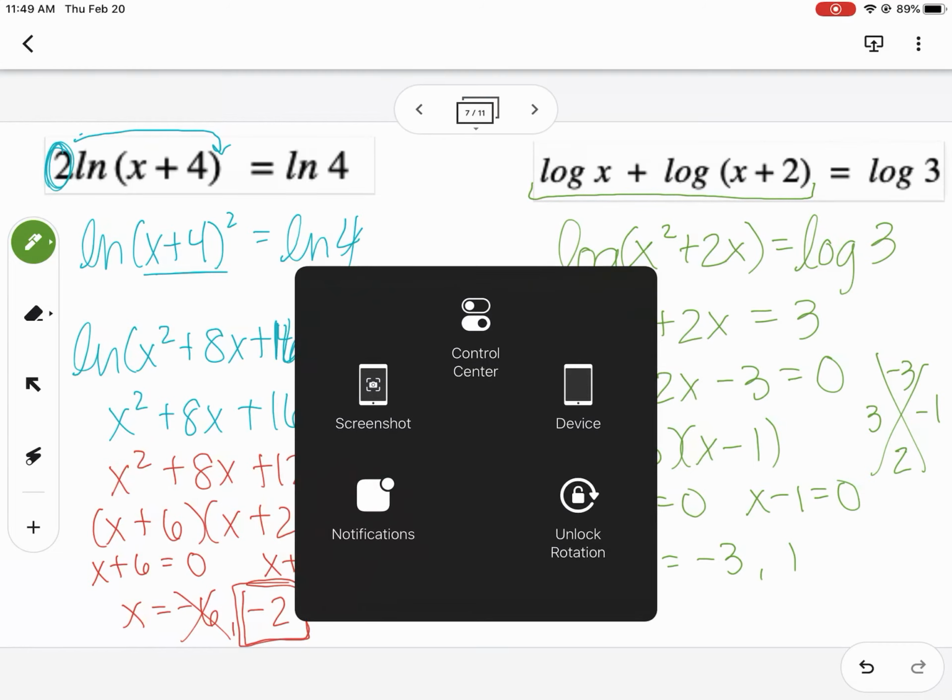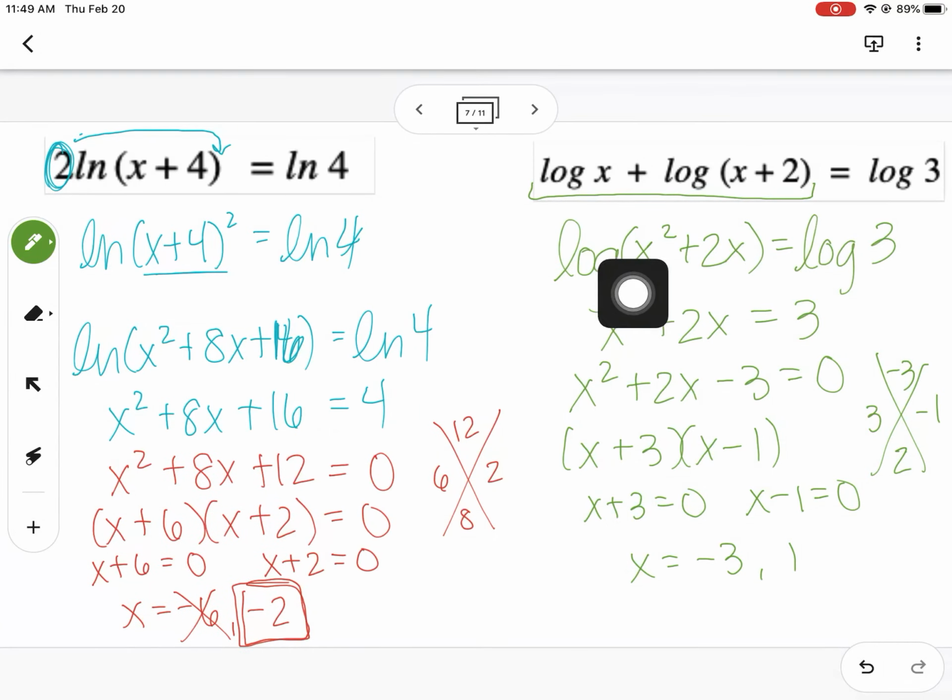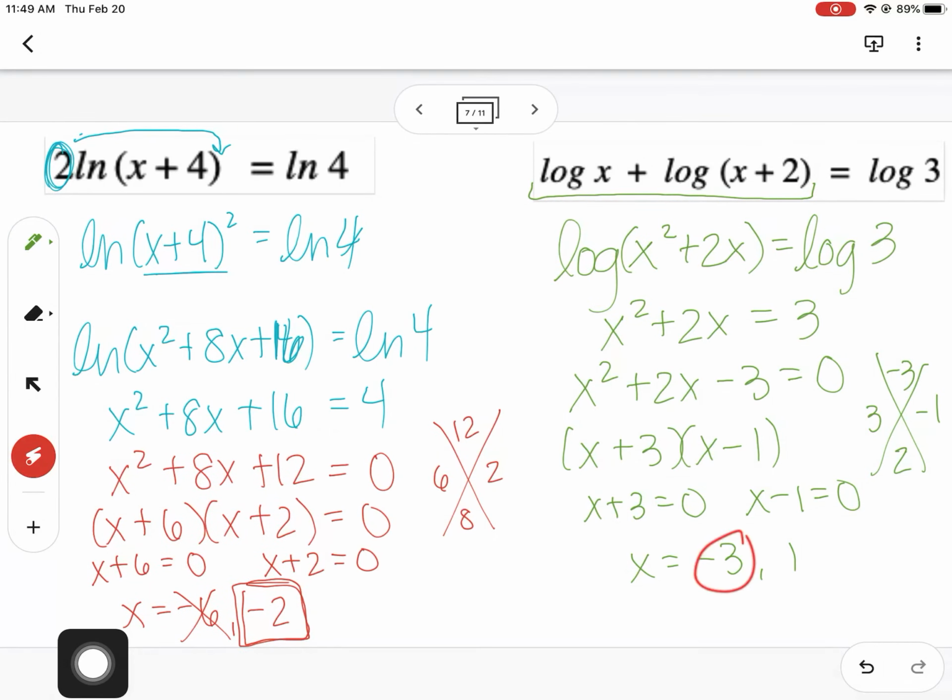But again, we have to go all the way back up to the original problem and check it. If I plug the -3 in for x, that's going to be negative, so I get to cross that off. When I check the 1, plugging it in for x is positive, plugging it in here gives me 3, so 1 works in any place that x appears, so my only answer here is 1.